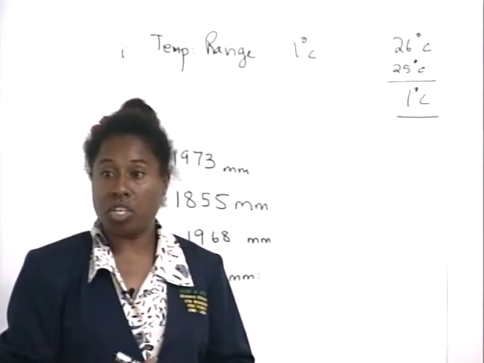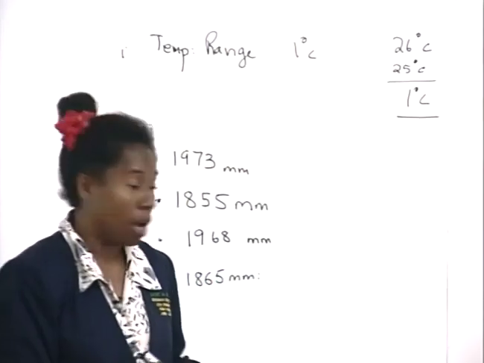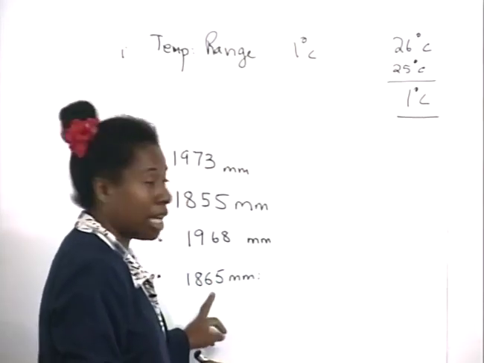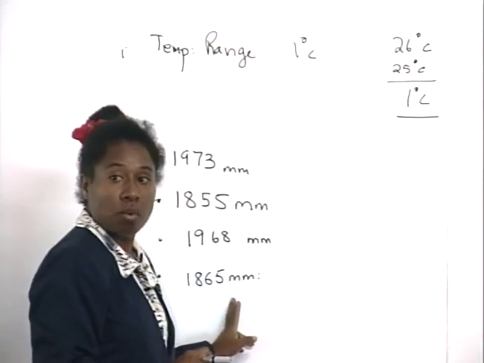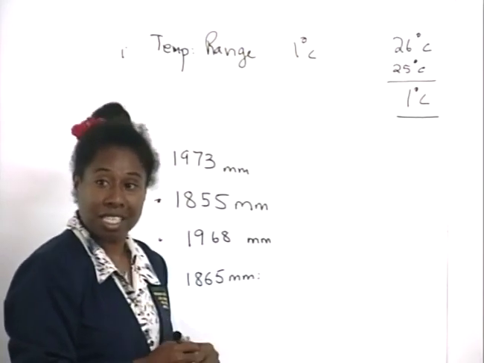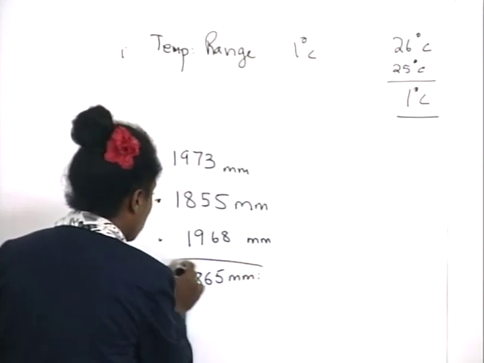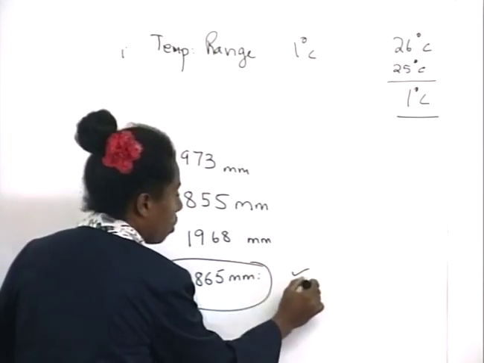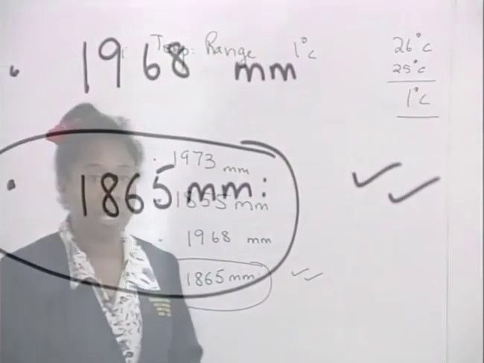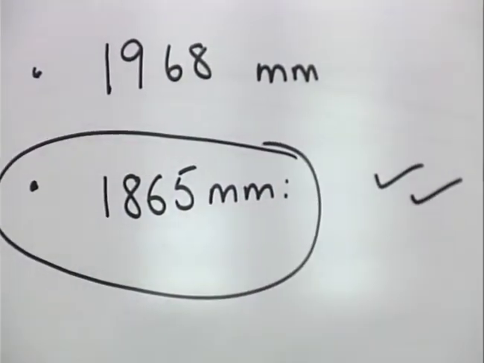If we did measure accurately right across from there, our answer would be 1,865 or 1,866 millimeters. So this would be the closest answer. Therefore, we will stick with that as our answer for that particular question on the annual total rainfall.